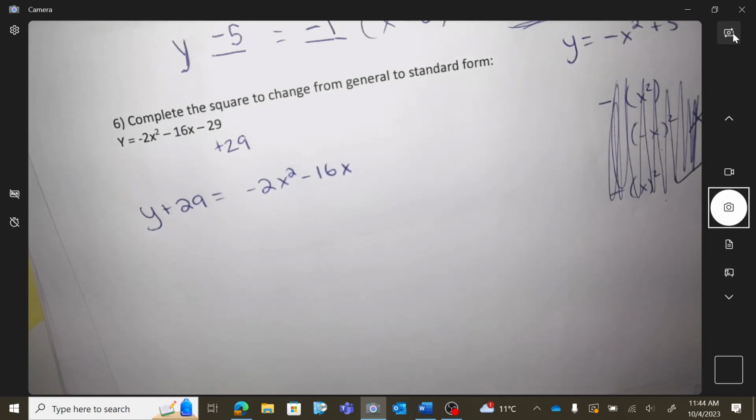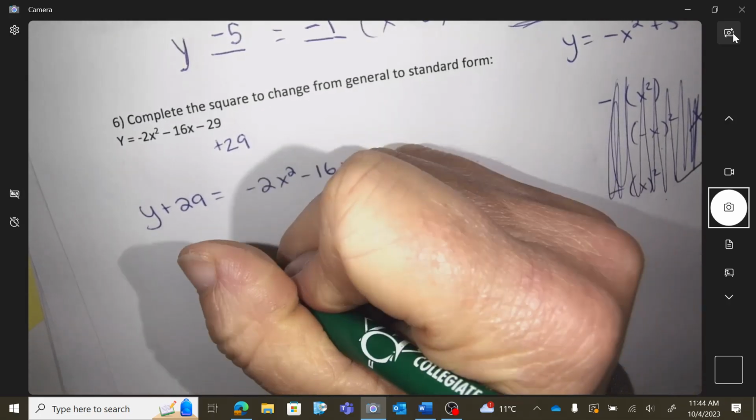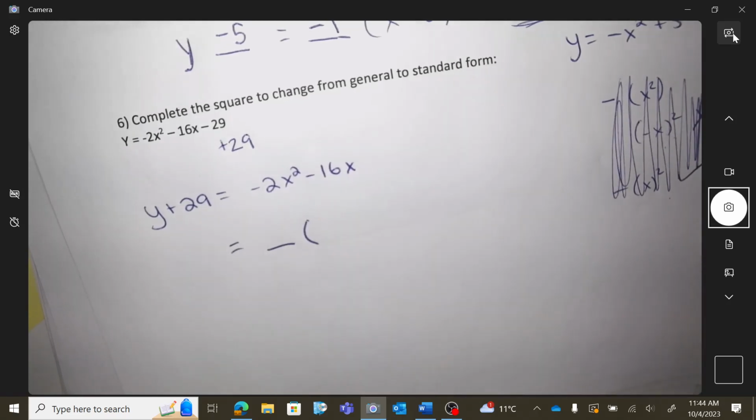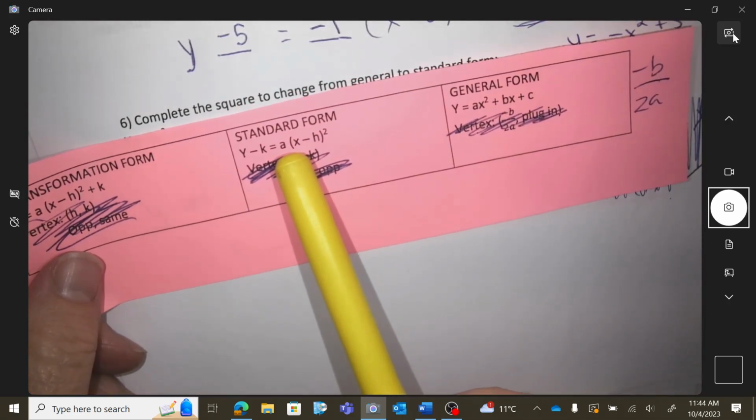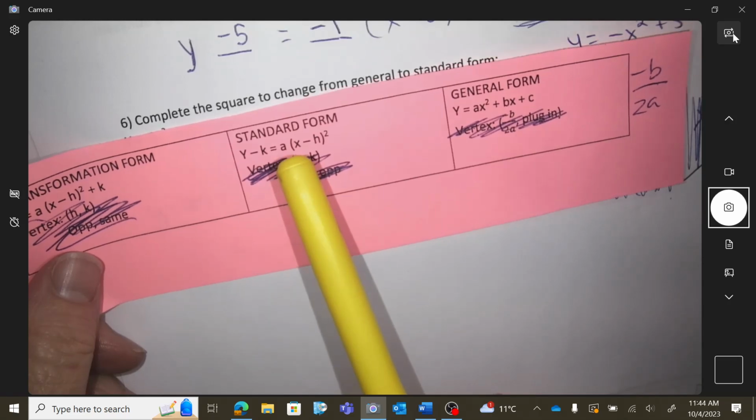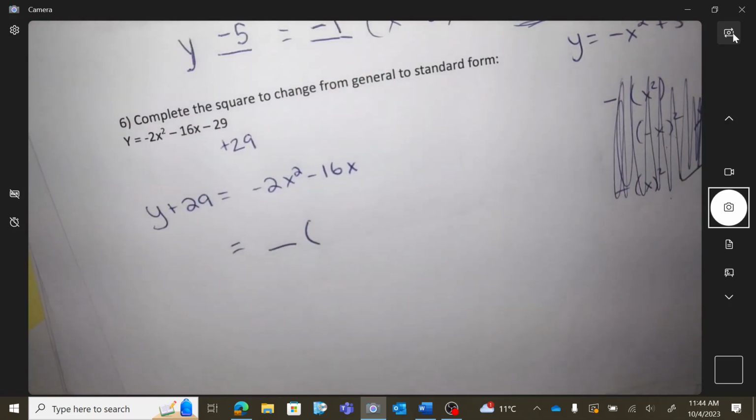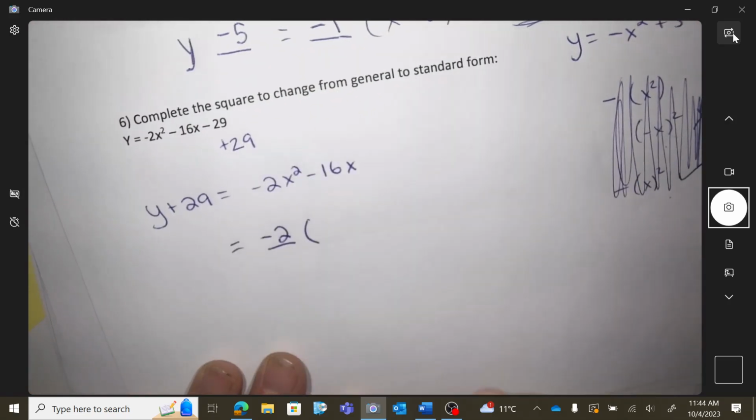Step 2. You need the multiplier out. That's what you need. Because remember your end goal. Your end goal is this, which has your multiplier out in the front, right? That's your end goal. So -2 needs to be out of this now.